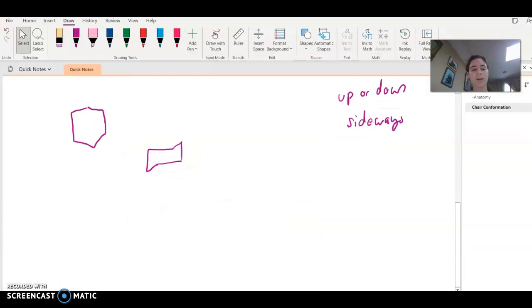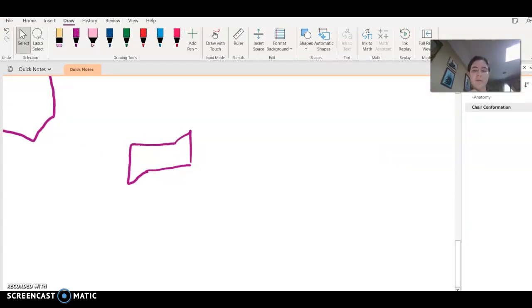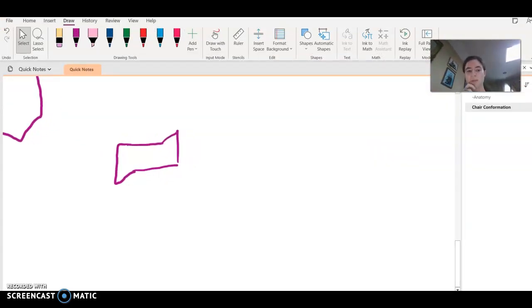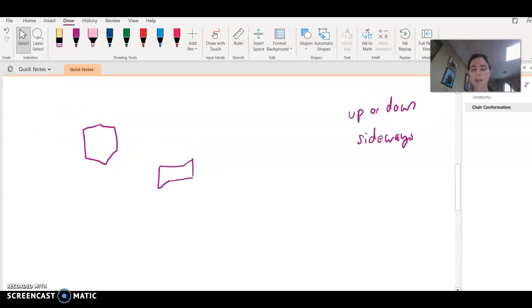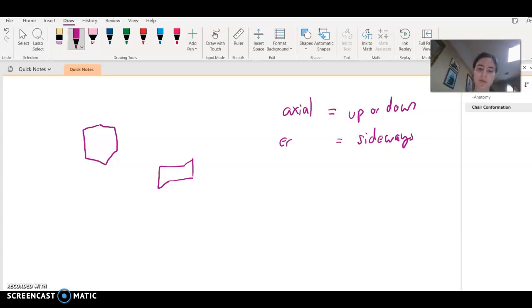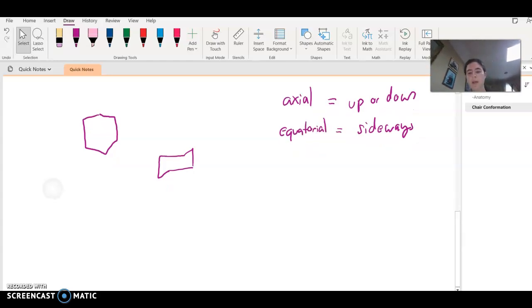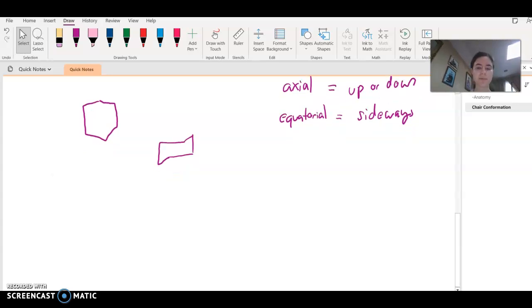So how do we do that on the chair conformation? It can be a little bit daunting, and you do not actually have to memorize it. The ones that are going directly up or down are called axial, and the ones that are going sideways are called equatorial. Remember, equatorial ones are sideways, and they can be tilted a little bit up or a little bit down, so they're not completely sideways.